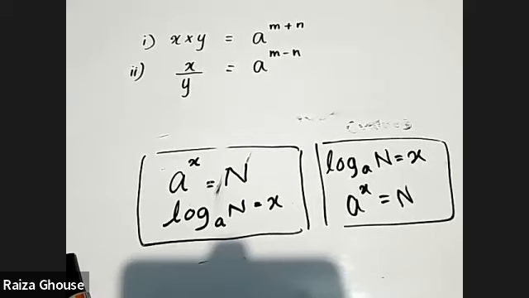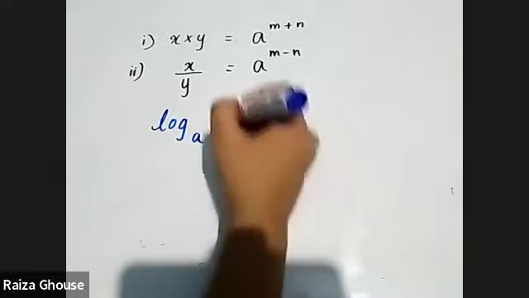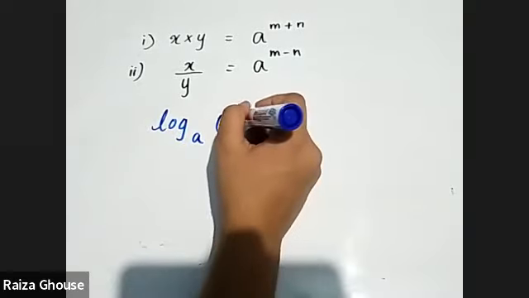Done, Miss. Okay. What is your answer? First one. Miss, should I send? No, just tell. Log base a of xy equals m plus n. Very good. Log base a, x into y or xy.